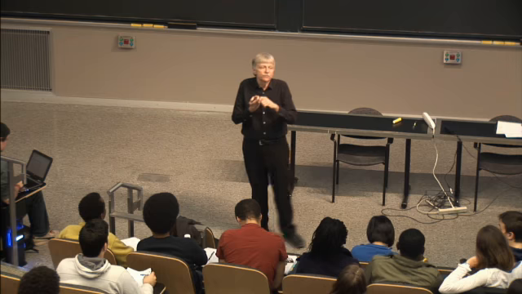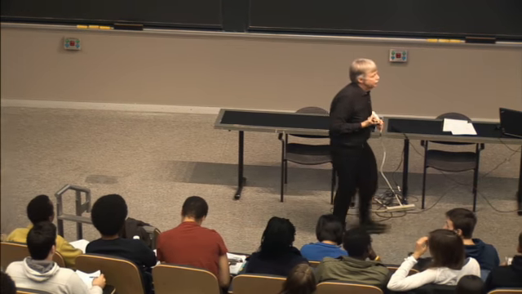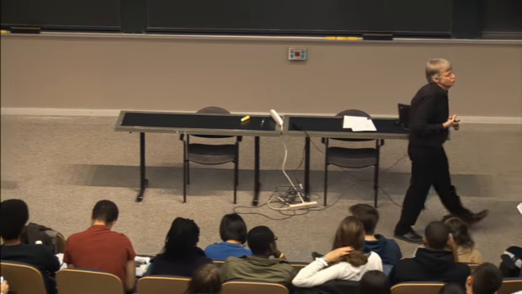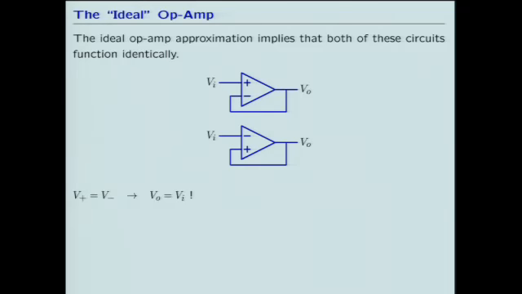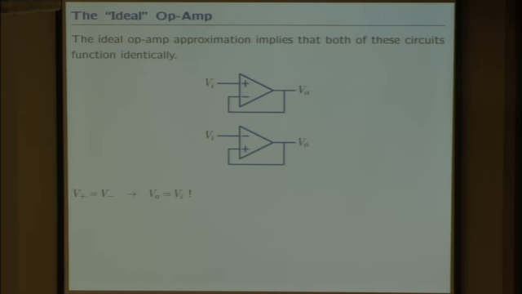We thought about this op-amp thing. The model for the op-amp was a voltage-controlled voltage source. We inferred this ideal op-amp model. The ideal op-amp model is great for calculating the response. It has this one problem. It seems to say these circuits are identical.